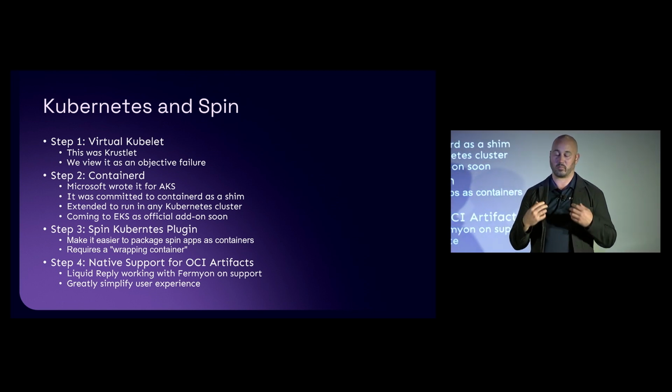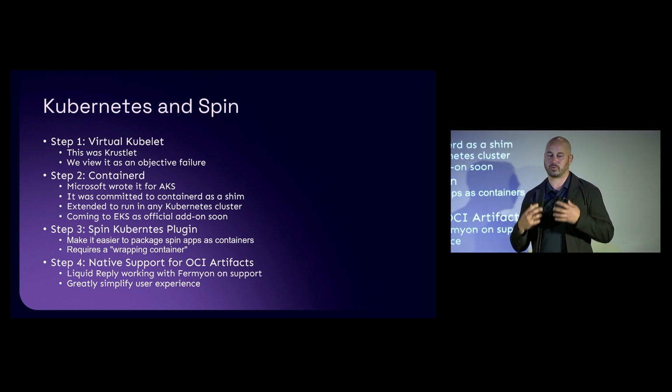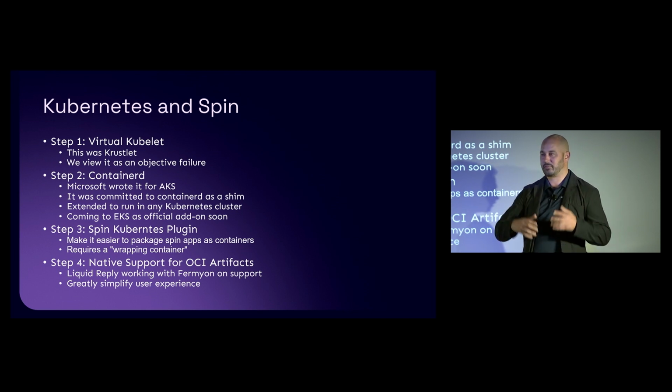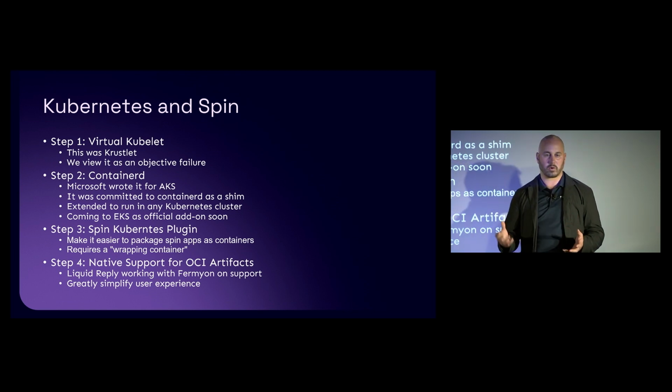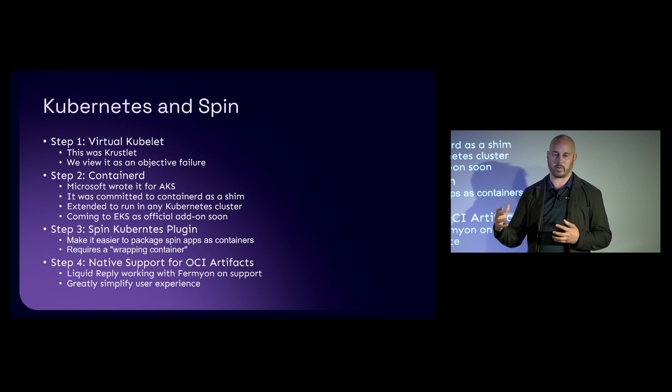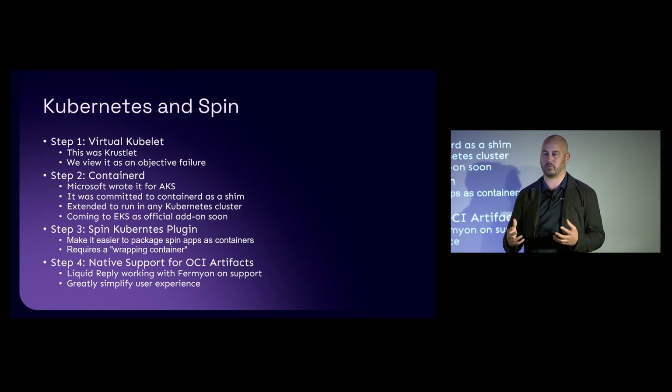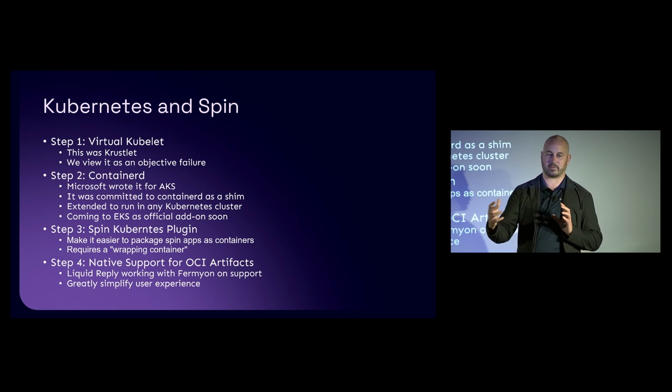OCI supports, and we use OCI internally to store our artifacts without wrapping them inside of a container. There's really no reason to do that. So we've been working with the company Liquid Reply. They created something called Wasm in order to extend what we're doing around Kubernetes and really continue to improve this user experience so it works as seamlessly as possible.